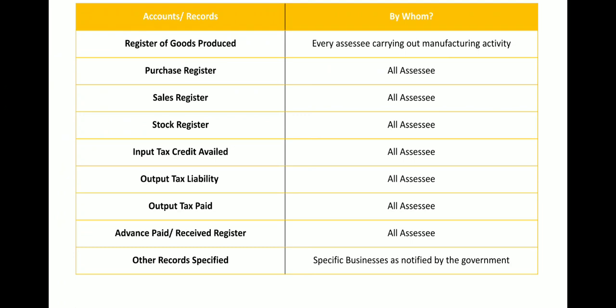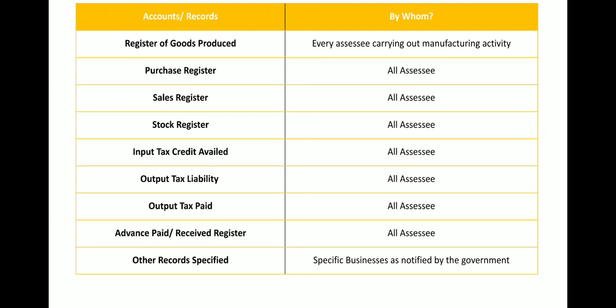Firstly, accounts and records, and the second column shows by whom. See, the first one is the register of goods produced. This is one account which is to be maintained by a registered person.